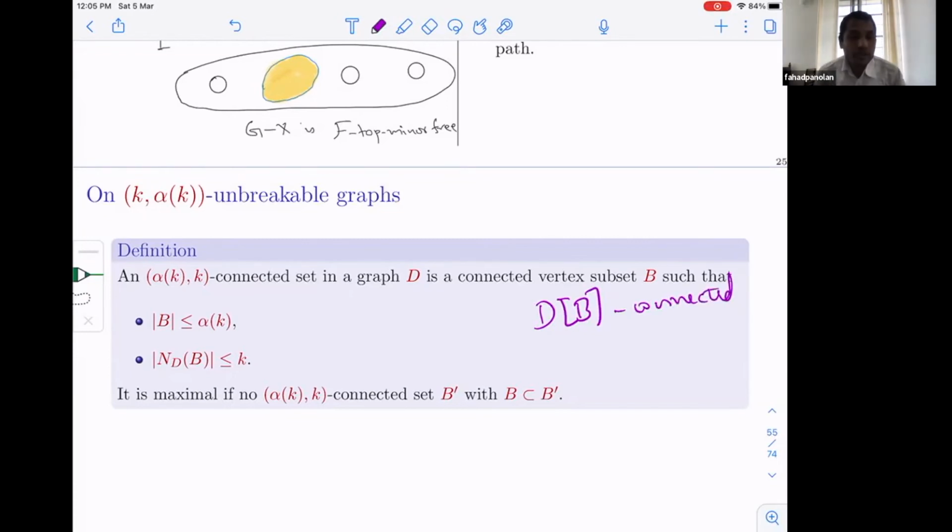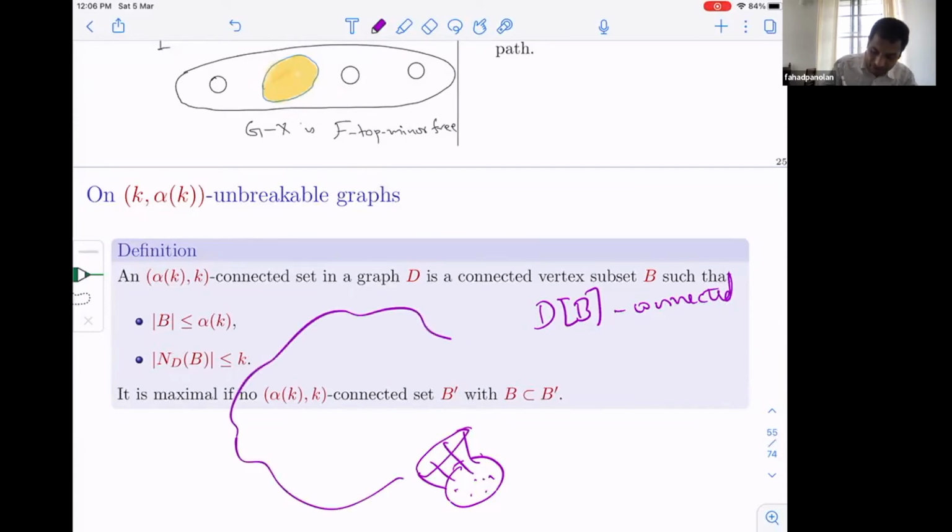Such that the following hold: the cardinality of B is at most alpha k, and the neighborhood of B is at most k. So in a graph, it is a small set of vertices, and if I look at the neighbors, this is also small. This may be large. So this B is called a connected set.